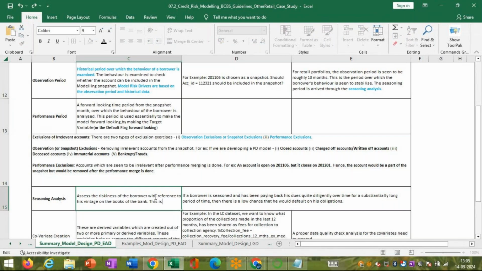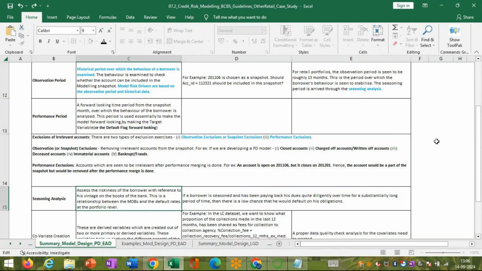So this is a relationship between the month on books and the default rates at the portfolio level, right?